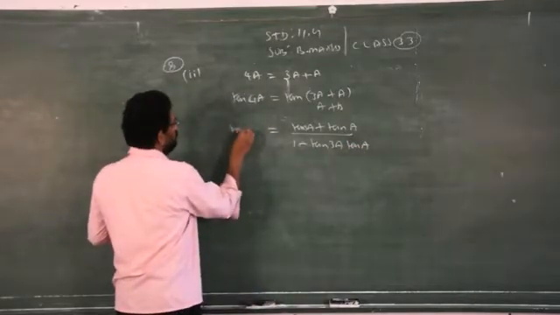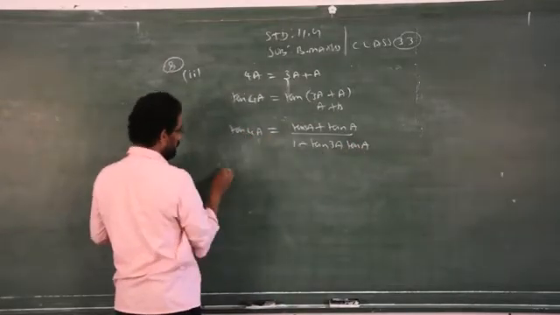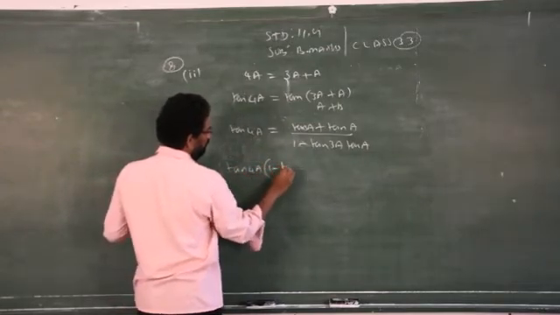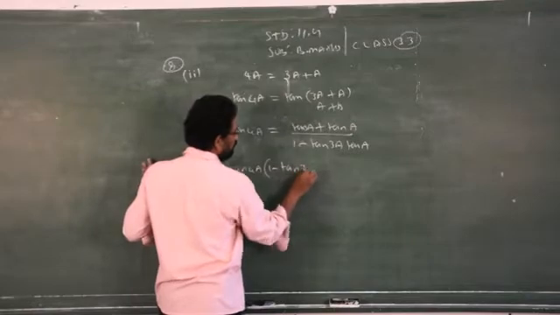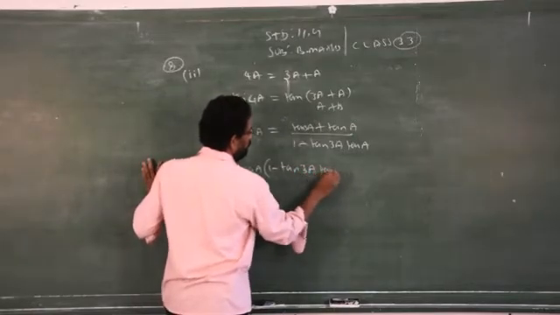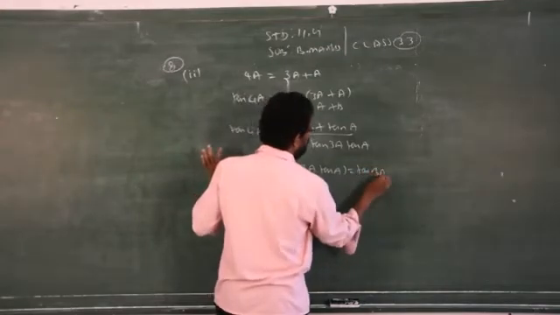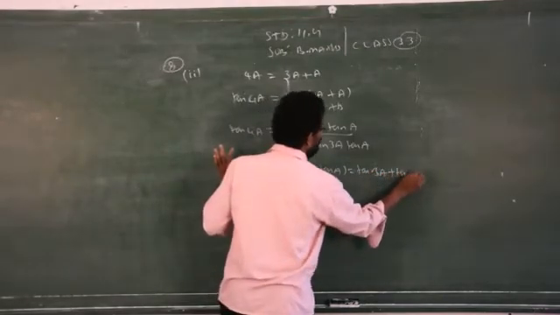So, tan 4a, just you have to cross multiply it, tan 4a into 1 minus tan 3a into tan a is equal to tan 3a plus tan a.